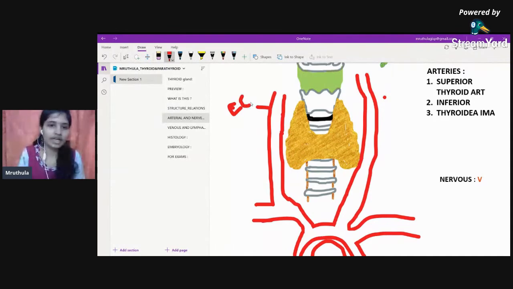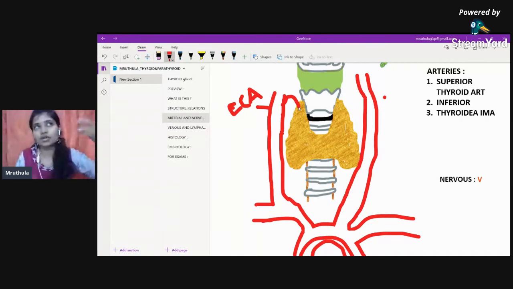This is where the superior thyroid artery branches out, and it comes to the apex of the thyroid gland. This is just like a story; you just listen, there's nothing to memorize. Imagine the thyroid gland on your neck, or somebody else's, bring that 3D visual for yourself and think how this artery is coming.